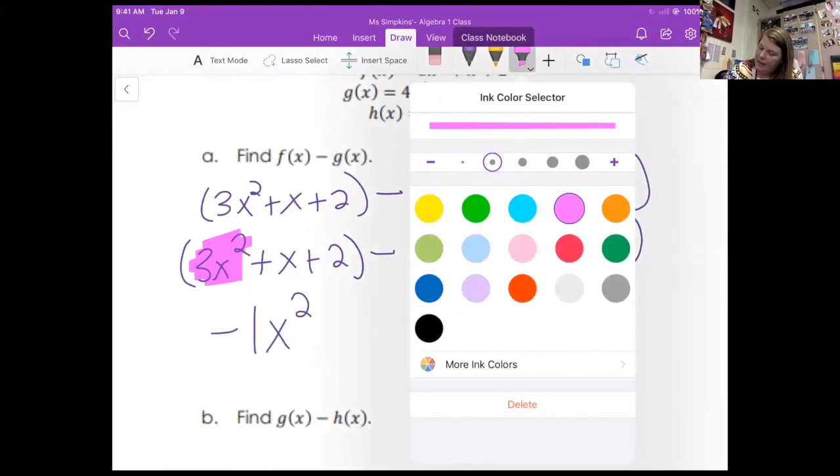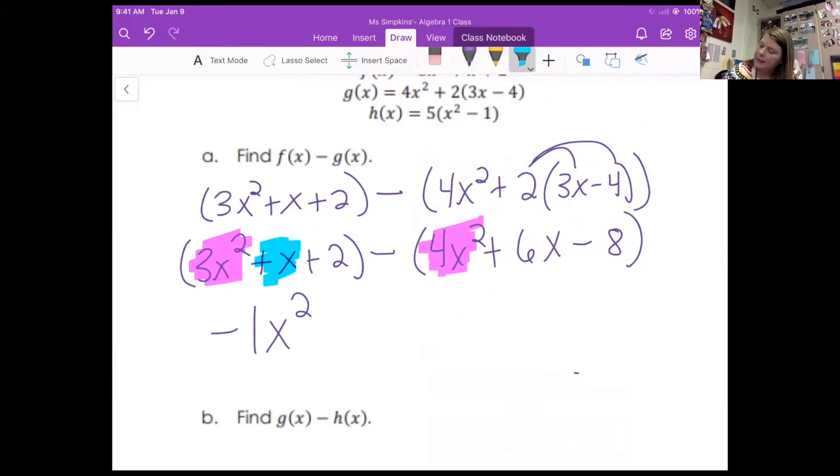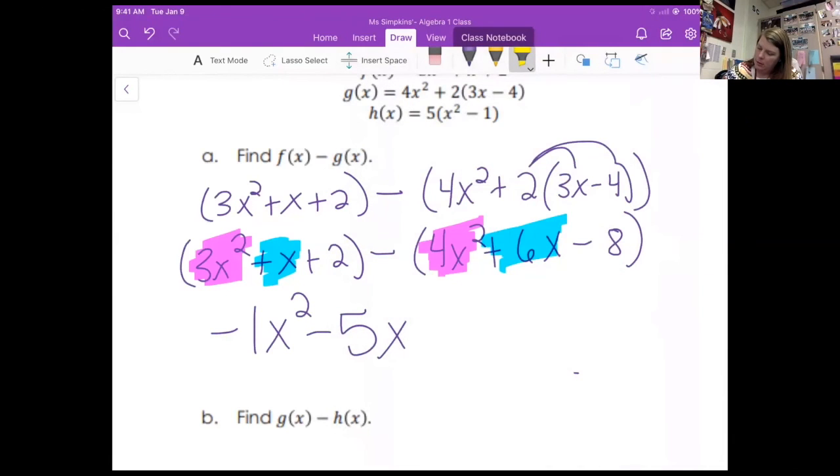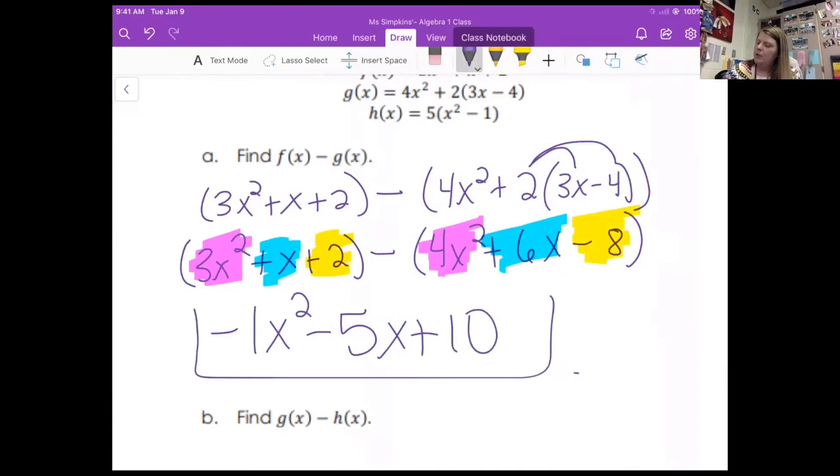And then we have x minus 6x. Negative 5x. And then our last one is 2 minus negative 8, plus 10. So we have negative x squared minus 5x plus 10.